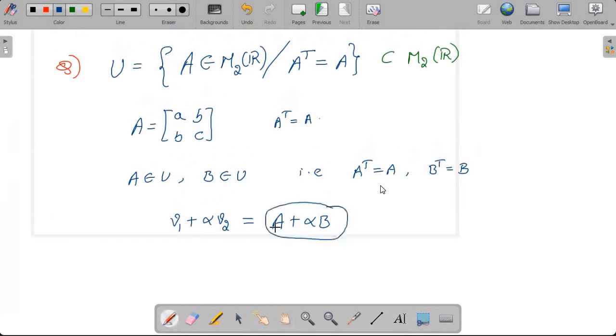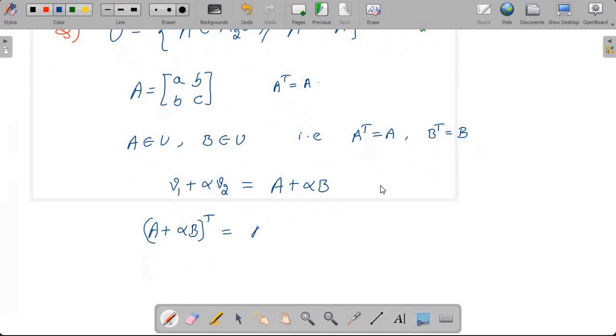If you get the same matrix again, then I can say it belongs to U. Otherwise, no. So let me take the transpose, A plus alpha B whole transpose. From the properties of transpose, I can rewrite it like this: A transpose plus alpha into B whole transpose. And again, using the properties of transpose, I'm allowed to take this alpha out. This is alpha into B transpose.